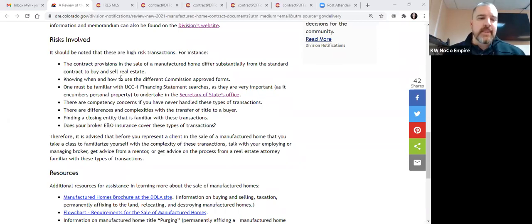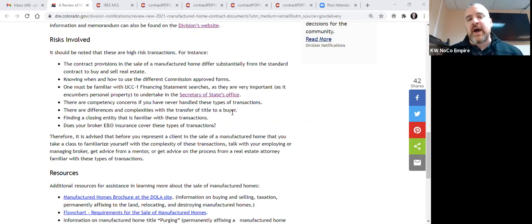Okay. There's differences and complexities with the transfer of title to the buyer. With real property, let's say a stick-built house, it's built on a lot. The property is transferred via a deed. So we have general warranty, special warranty, various different types of deeds.